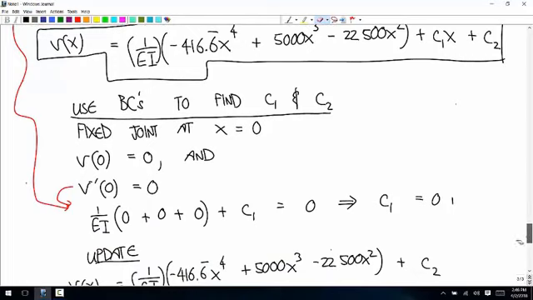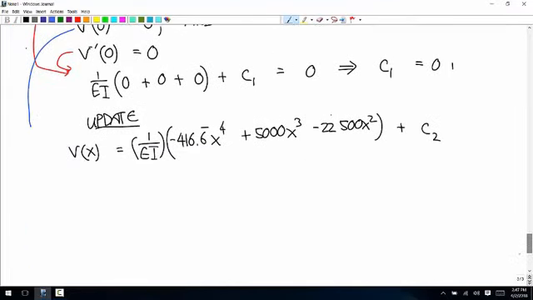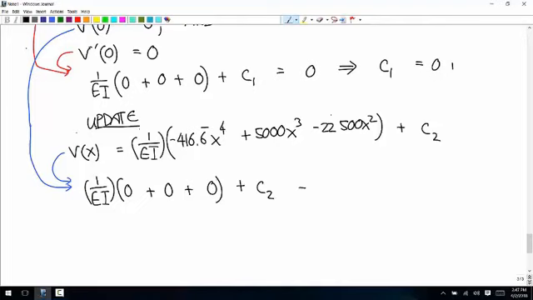And now we'll use this deflection function and what we know about the deflection at x equals 0. So plug x equals 0 in for this function, and you get 1 over EI times 0 plus 0 plus 0 plus C2 is equal to 0.